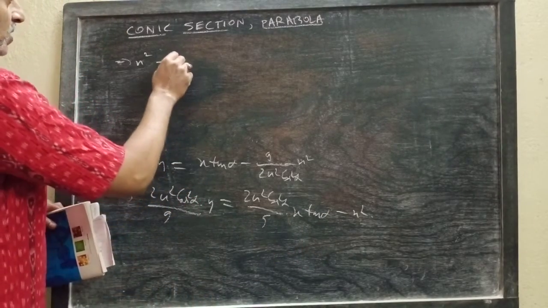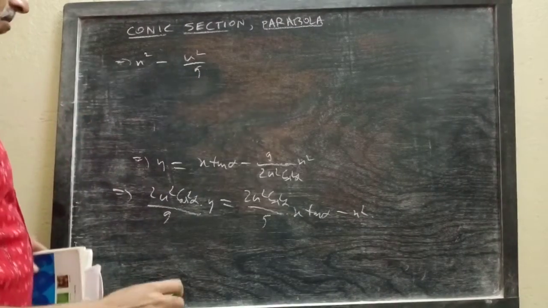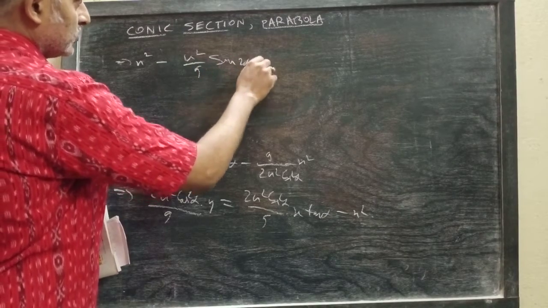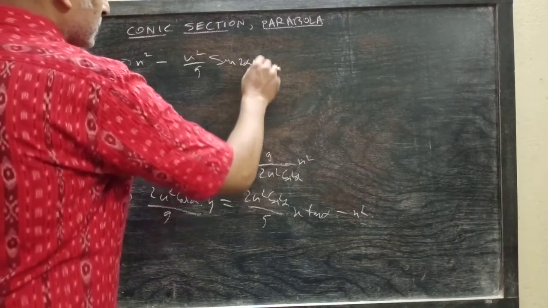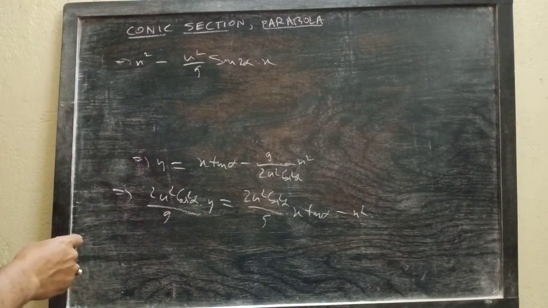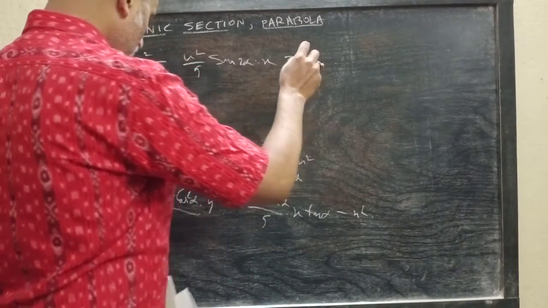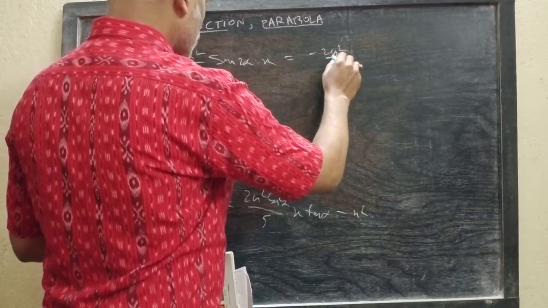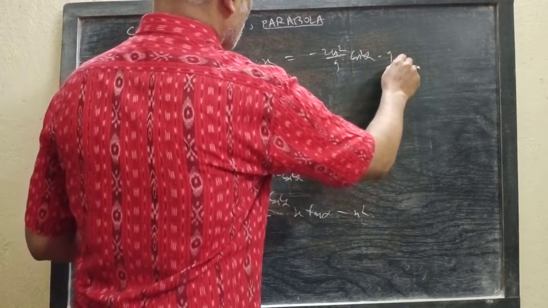So u square by g sin 2 alpha, u square by g sin 2 alpha into x equals minus 2u square by g cos square alpha into y.